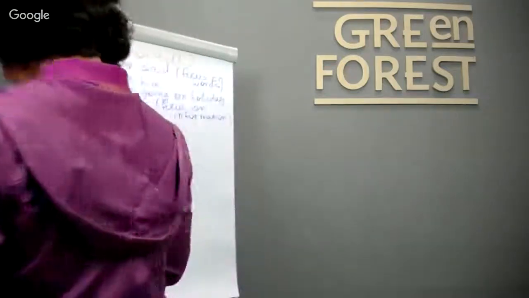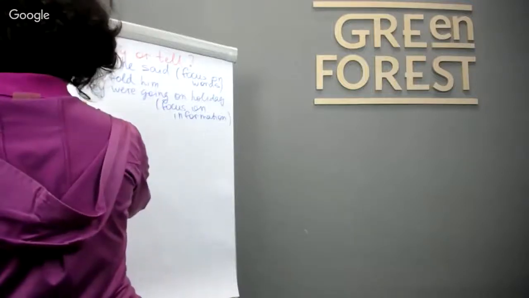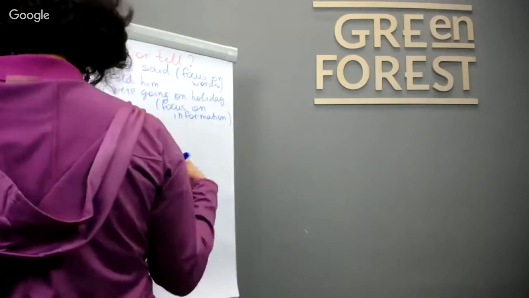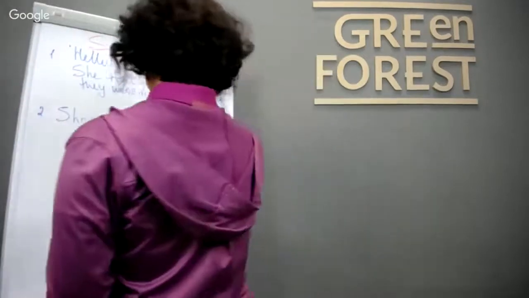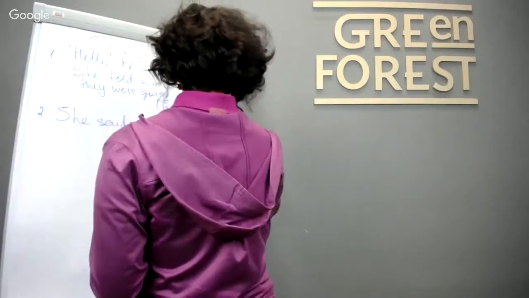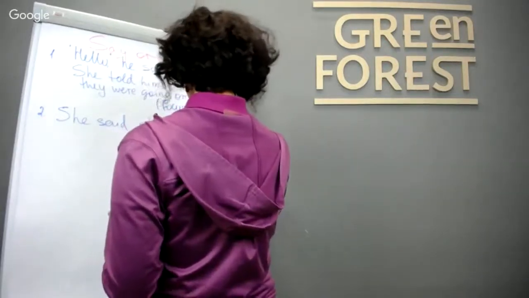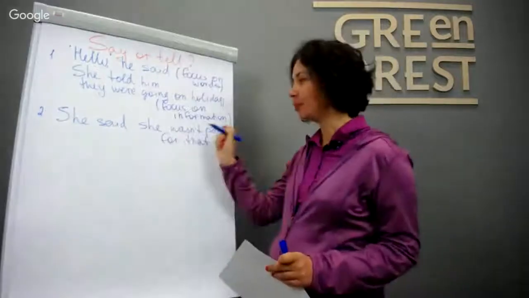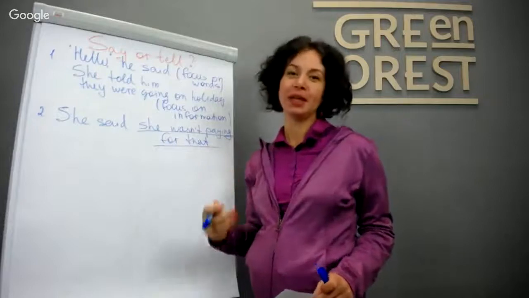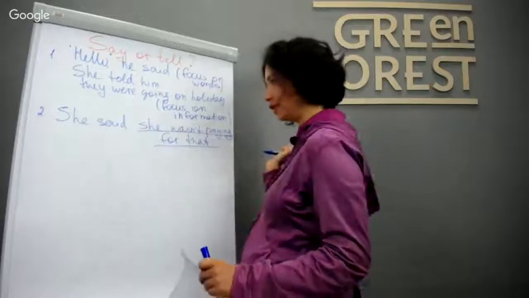Let's say: she said, what, for example? She wasn't paying for that. This is our direct object. After the word said, we always need to say what she said. We cannot say just she said. We need to say what she said.